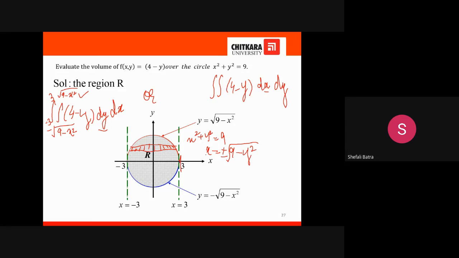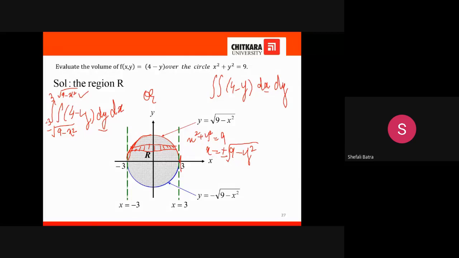Is it right now? X is equal to, see, this is the horizontal strip. So you need the limit of x, and limit of x should be in terms of y. So when you are observing this is the equation of circle. So we do have the equation of circle x square plus y square is equal to 9. You need to write the limit x in terms of y. So I'm writing here x is equal to plus minus under root 9 minus y square. But when you are at this part, from here to here, this would be defined by negative.